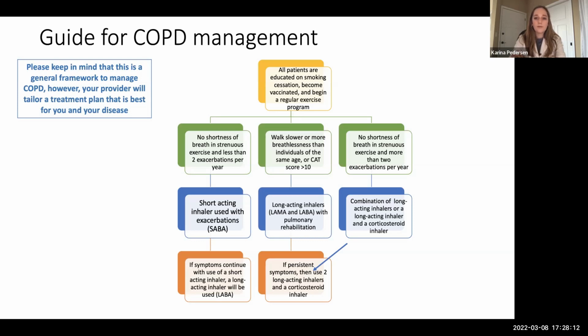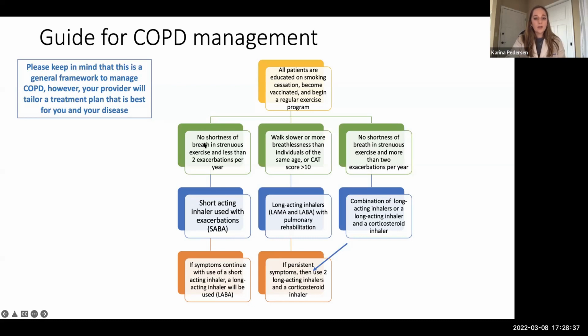Like I demonstrated earlier with that graph, smoking cessation does help to prevent progression of the disease. And then secondly, we almost always give a short-acting inhaler to prevent acute, in-the-moment exacerbations of the disease.